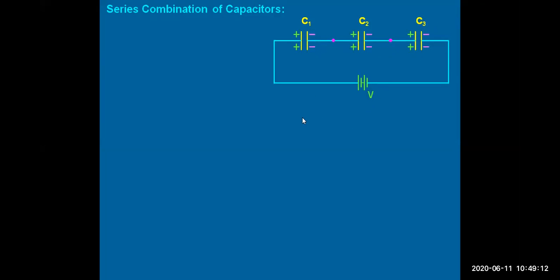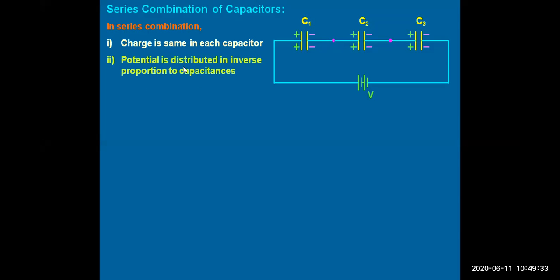Last example I've shown you for two capacitors connected in series. Here there are three capacitors. You can add n number of capacitors. Now in series combination, charge is same. Please mark this as a point in your book. Charge will be same on all the capacitors. Potential will be distributed in inverse proportion to capacitances.